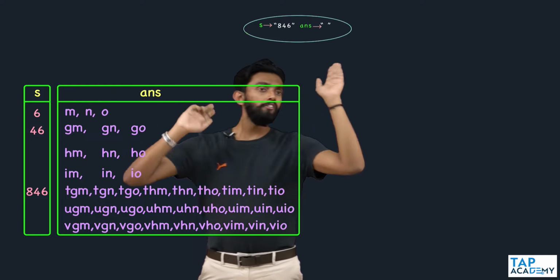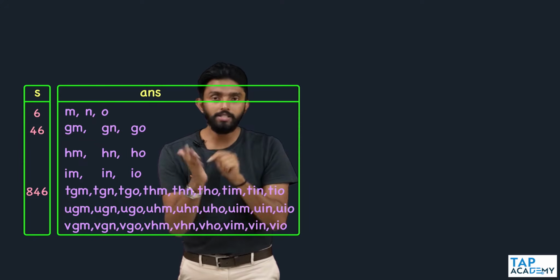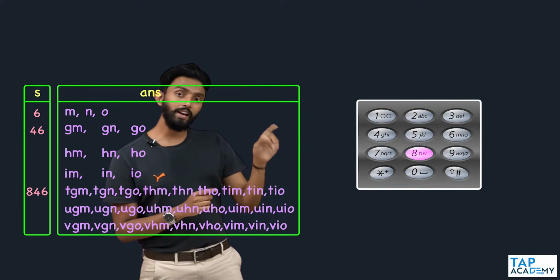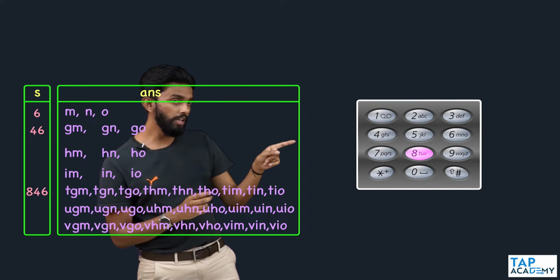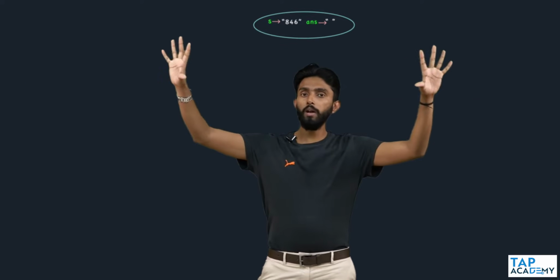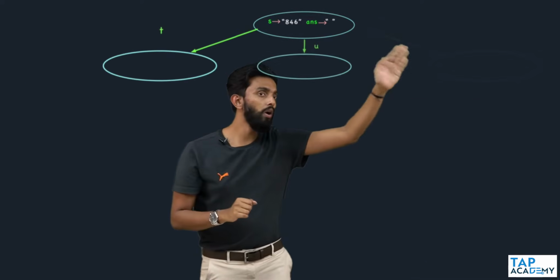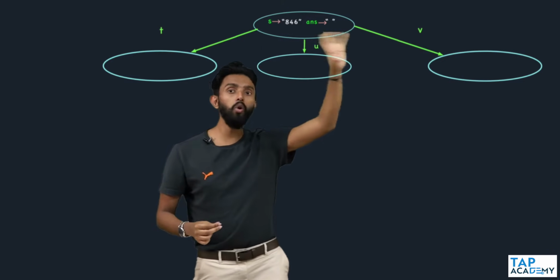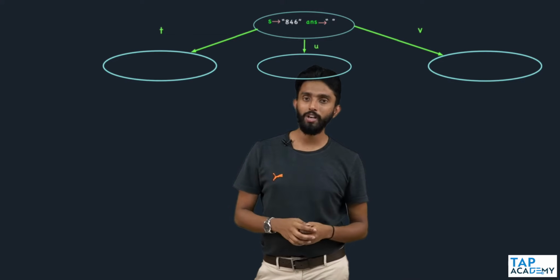Now what you must understand is that for 846, right, the first digit you are pressing is 8. Now all of you know for 8 there are three combinations, T, U and V. Would you agree? There are three combinations, which means even here I should have three branches, T, U and V. I may select T, I may select U, or I may select V. I have three options. I hope you're able to think.